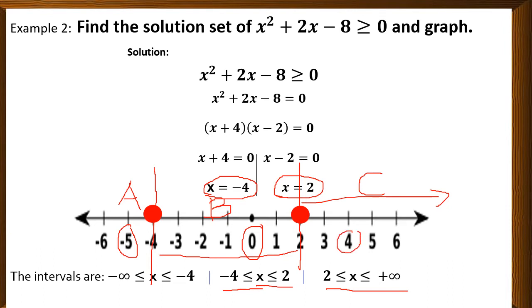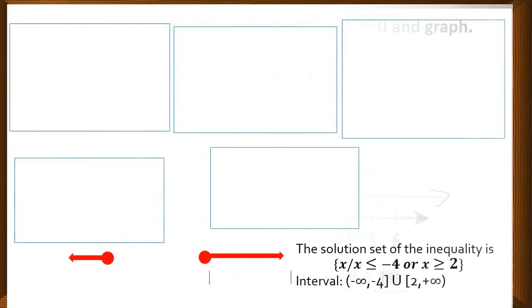Okay, these points, we have to test this in the original inequality, which is x squared plus 2x minus 8 is greater than or equal to 0. Now, we have to test the chosen point for each interval.